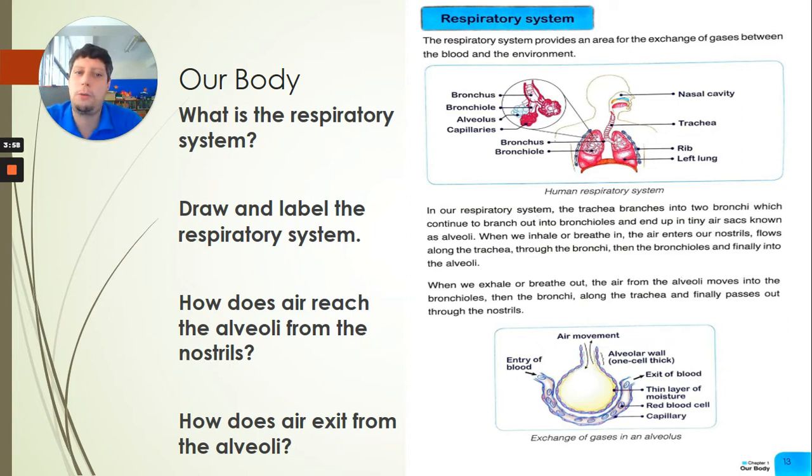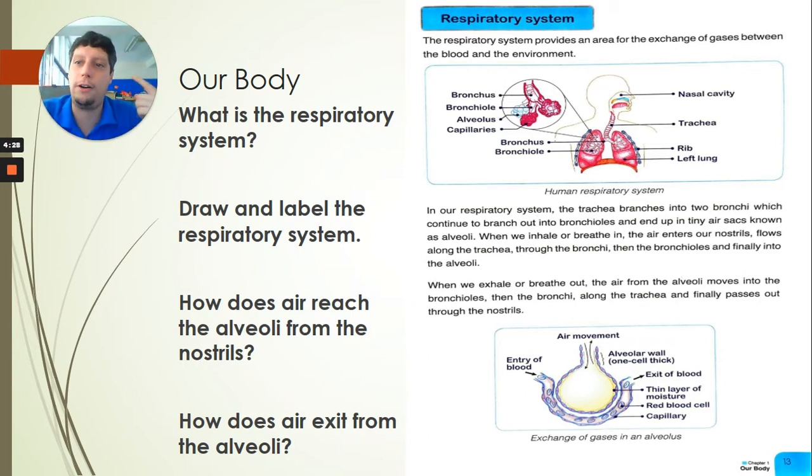When we exhale or breathe out, the air from the alveoli moves into the bronchioles, then the bronchi, along the trachea, and finally passes out through the nostrils. As you may have noticed, that is the reverse of when we breathe in. So we breathe in, it goes in through our nostrils, flows along the trachea, through the bronchi, down into the bronchioles, and finally into the alveoli.